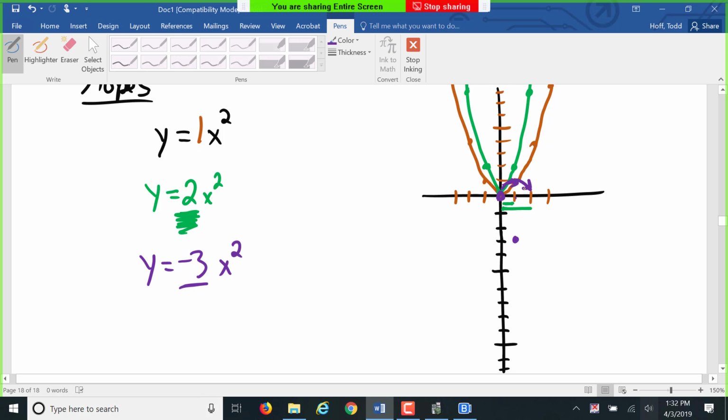If we go over 2, what's 2 squared? 2 squared is 4, times negative 3 is negative 12. Perfect. On the other side, the same thing. Back 1, negative 1 squared is 1 times negative 3, negative 3. Negative 2 squared is 4 times negative 3 is negative 12. So that causes it to open downward.